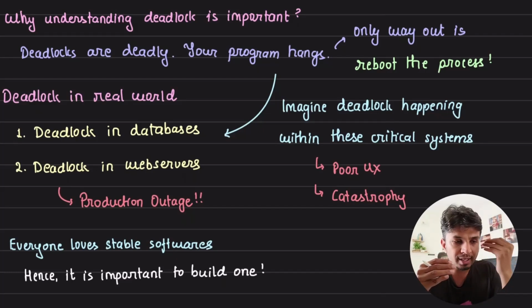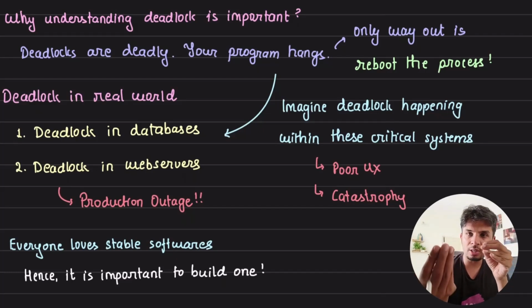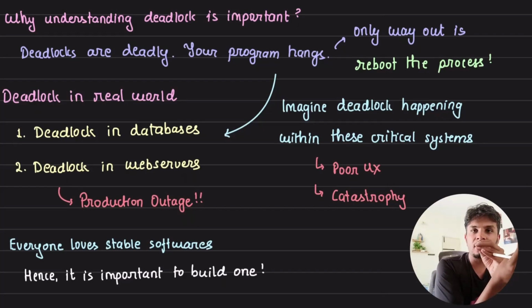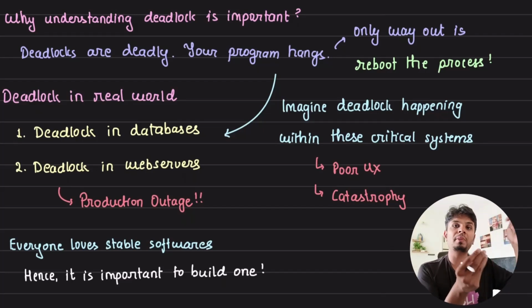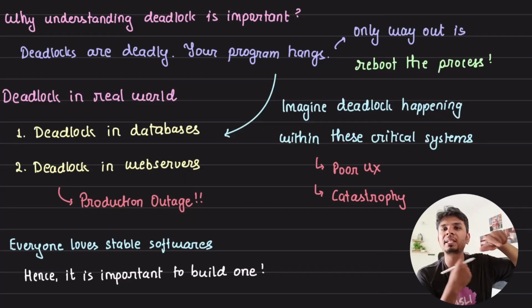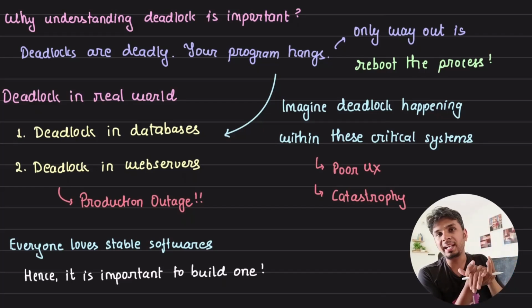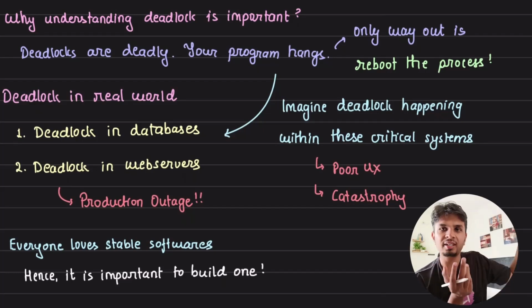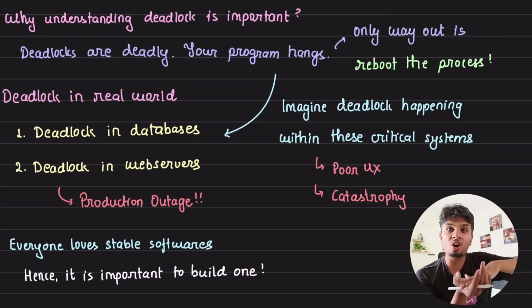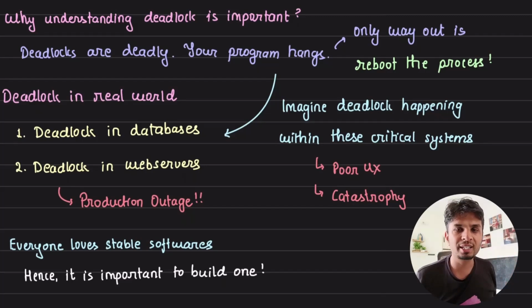And if a transaction has locked a particular row and is dependent on another row which is locked by some other transaction, there is a circular dependency being formed. With the database entering a deadlock state, there is no way for you to get out of it, which means either you kill one of the existing transactions, leading to poor user experience, or you reboot your entire database. Either way, it's not a good experience and it would lead to a production outage.